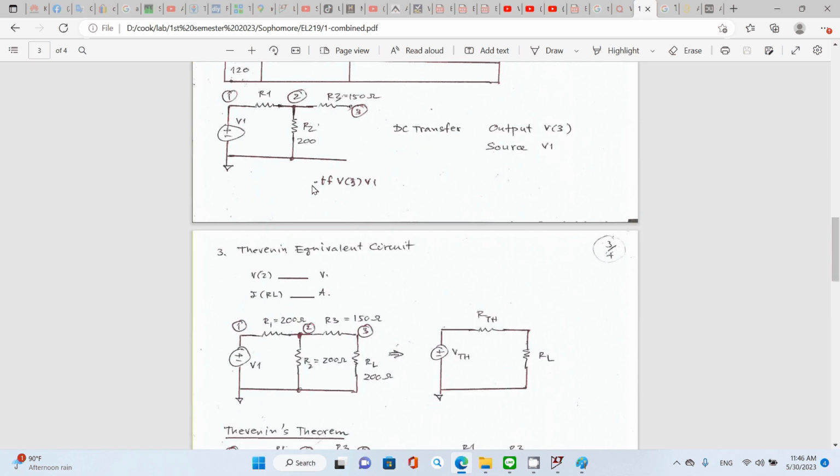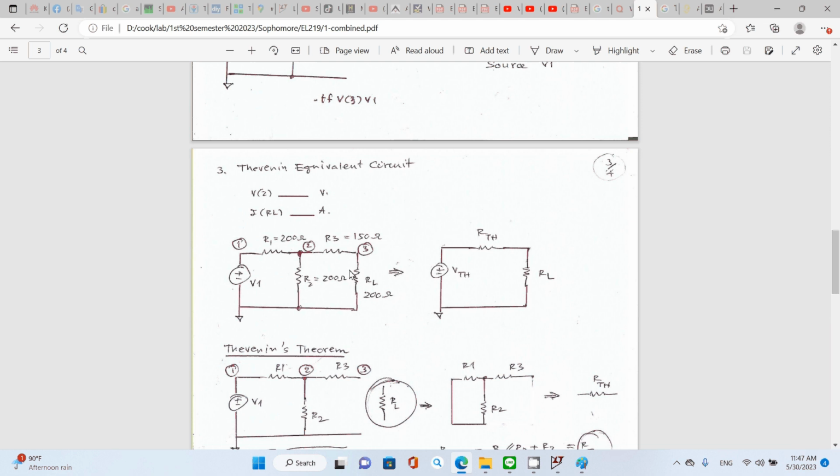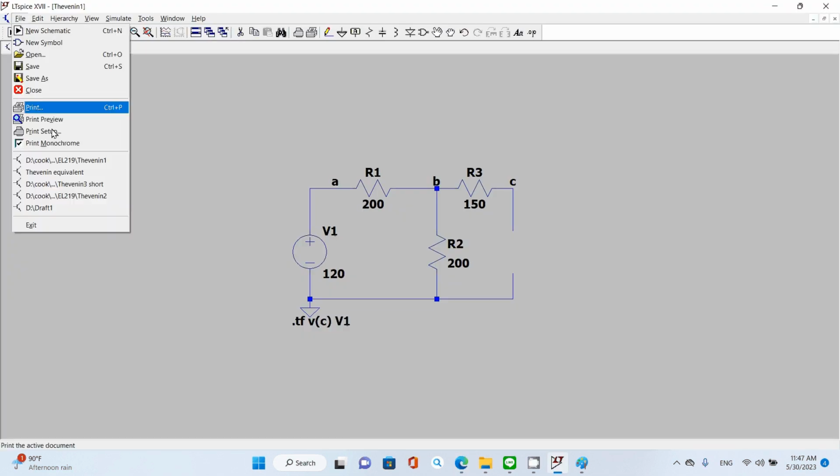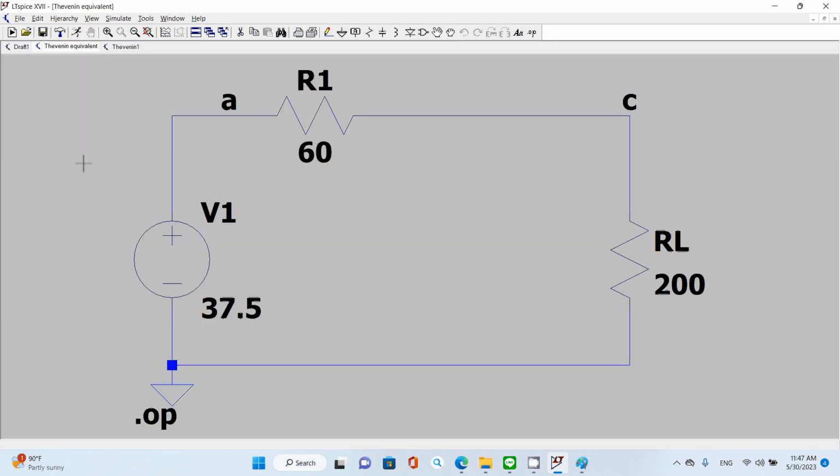And for number 3, the Thevenin equivalent circuit. Let's focus on the supply voltage of 75 volts. You know that your VTH equals 37.54 and your RTH is 250 ohms. Let's see. I do have the Thevenin equivalent circuit.